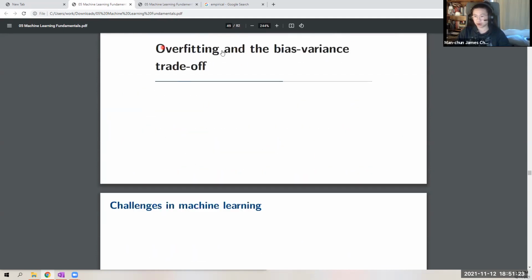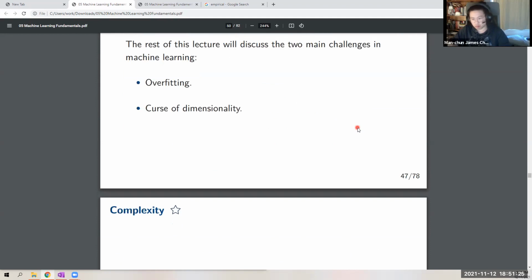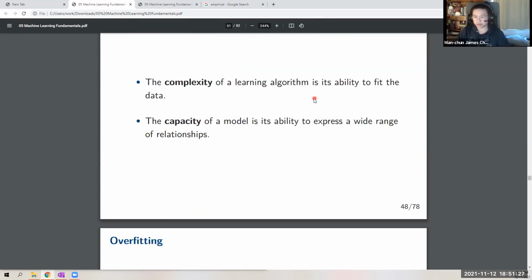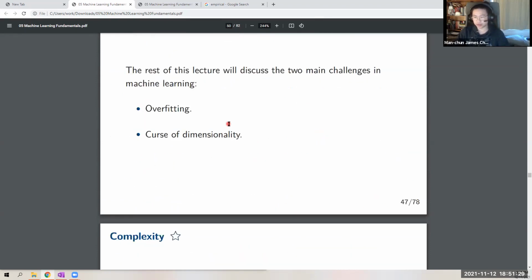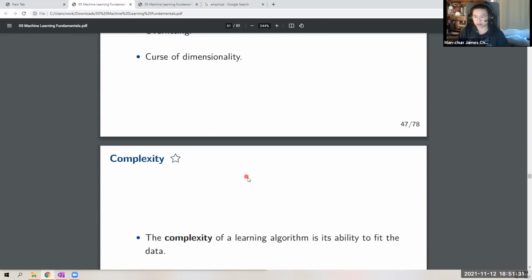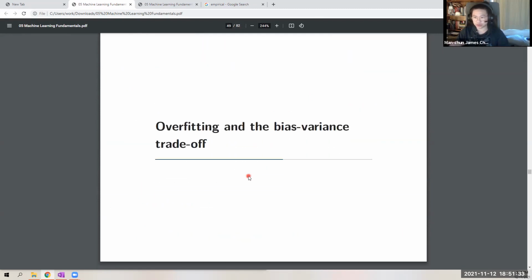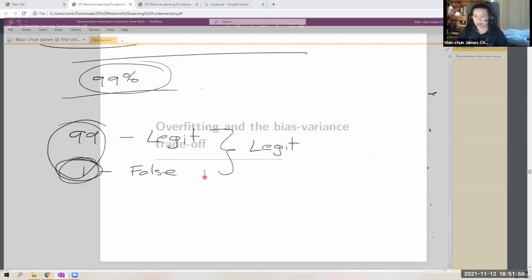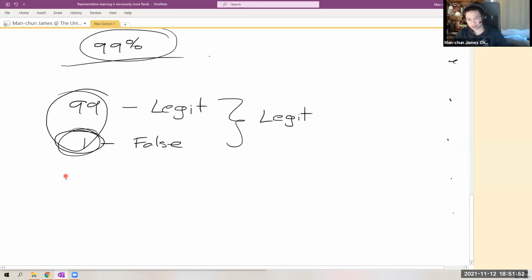Right, overfitting and the bias-variance trade-off. The most fundamental thing that we have, so make sure you understand the bias-variance trade-off. If you have high bias, you tend to have low variance. If you have high variance, you have low bias, which means your models are more flexible.